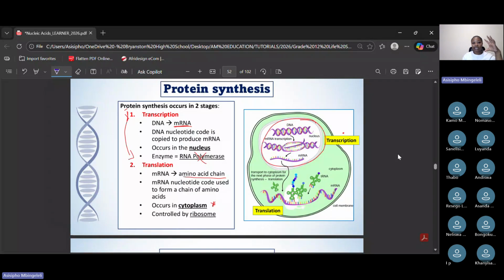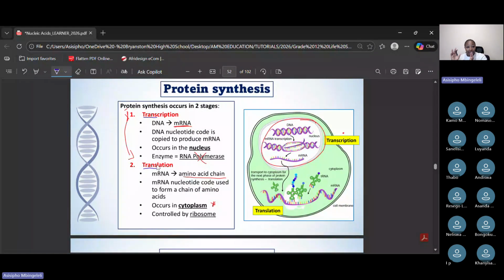Okay. So remember I said there's very high chances that you'll remember that there's transcription and translation, but then forget which process comes first and which one is the second one. I want us to look at the first 5 letters. The first 5 letters for both stages are the same. What do we have here? Trans and also trans.